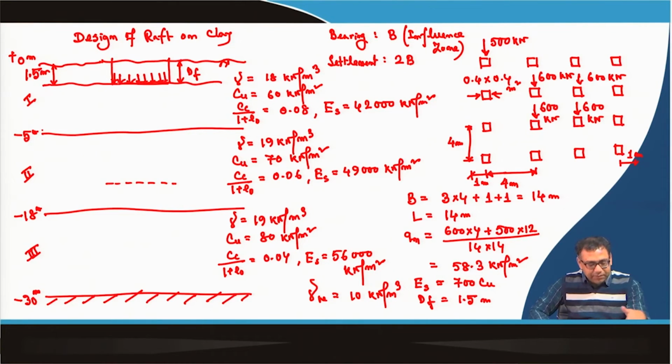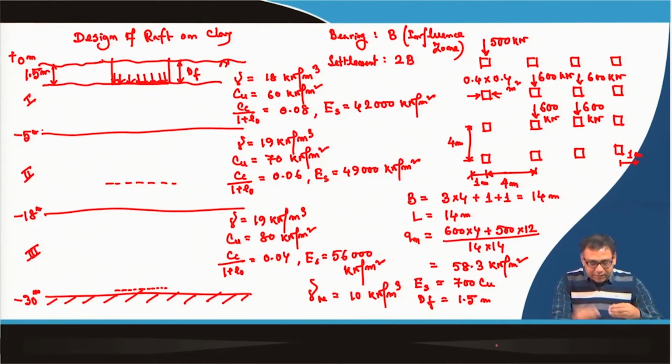And for the settlement it will be 28 meter plus 1.5 meter, so 29.5 meter. Okay. So, now the question is which you will consider, because it is on the first layer, it is on the second layer also.